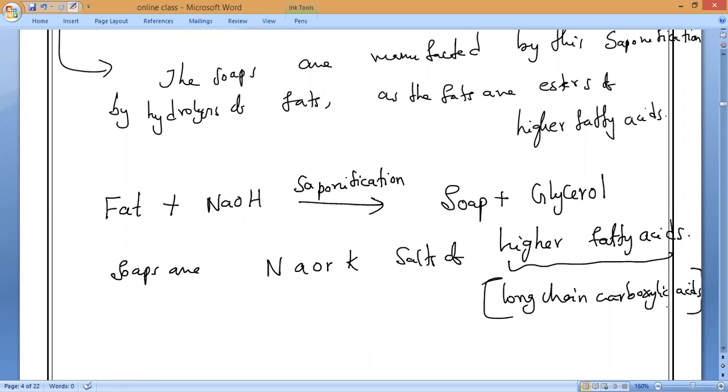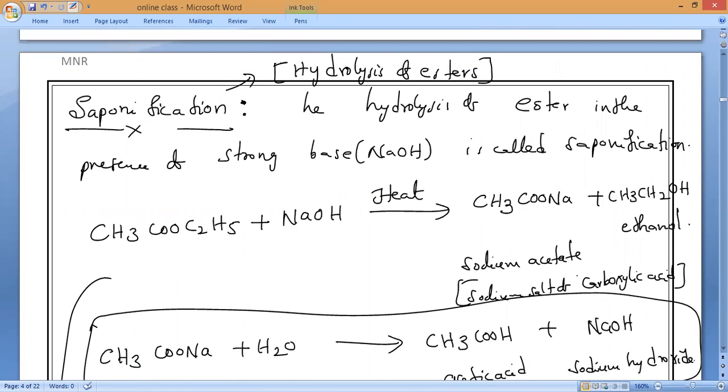Can you tell me the common name of sodium acetate, which is given in our book also? Anybody? Another name of sodium acetate. If they ask you in the exam, you will forget it. Sodium ethanoate.